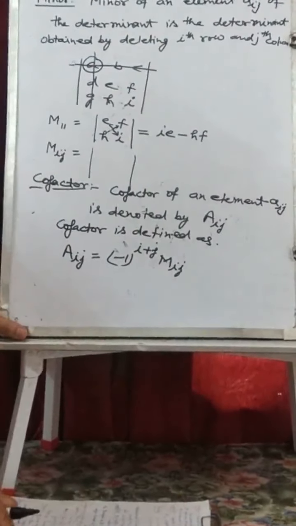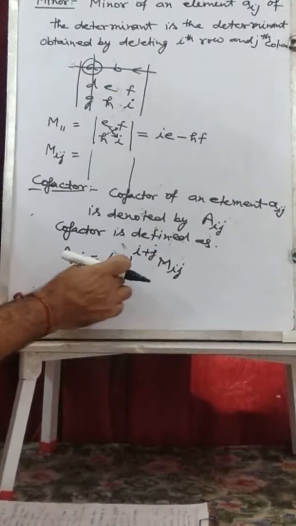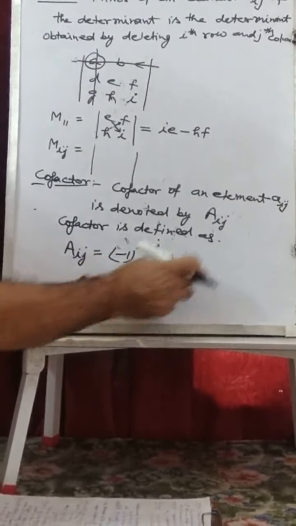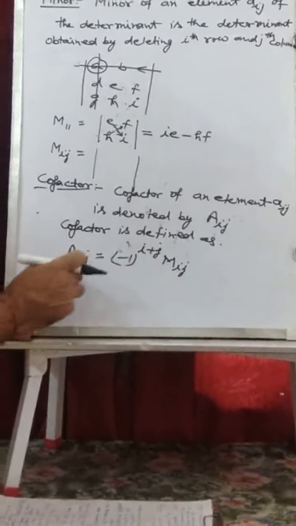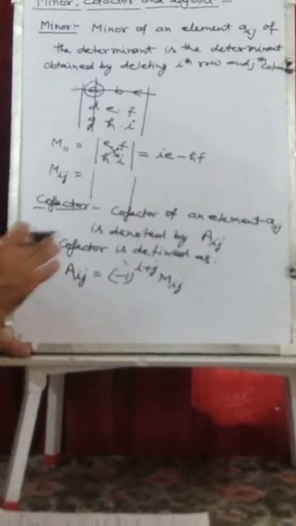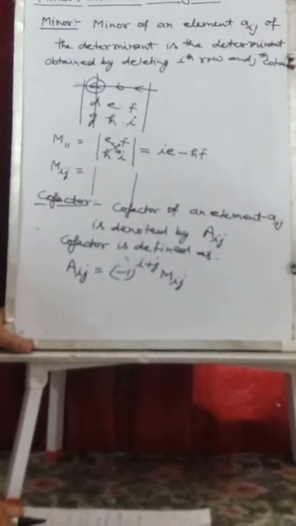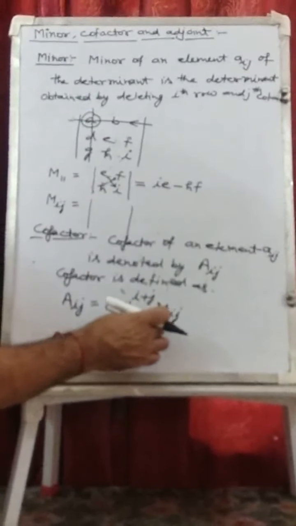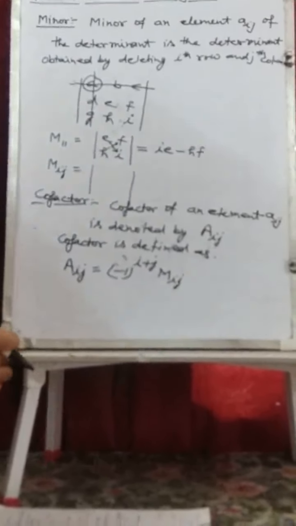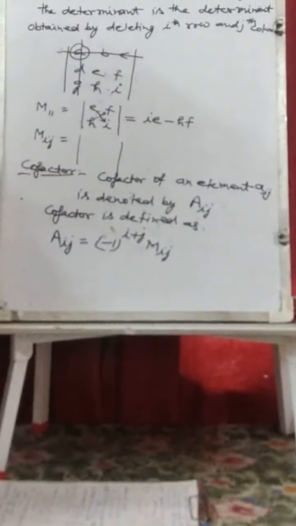So we just put a negative sign or a positive sign with the minor, and that becomes the cofactor. Firstly, we have to find the minor, then take its sign with the help of i plus j. It will give us the cofactor.